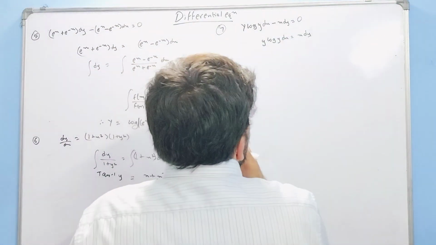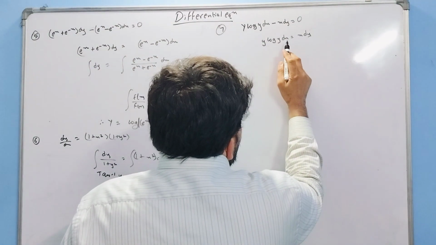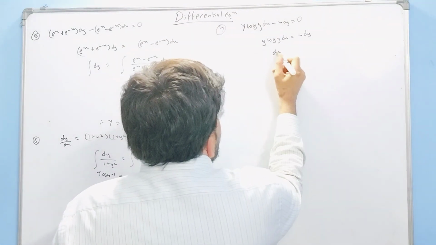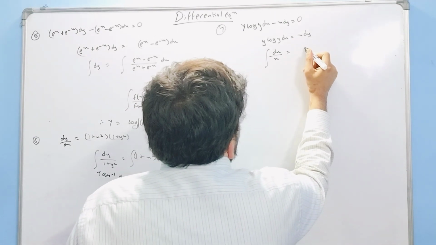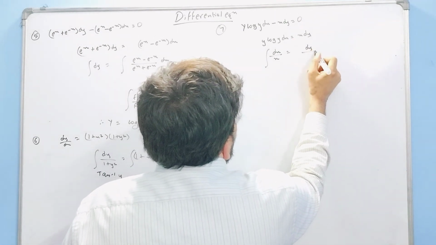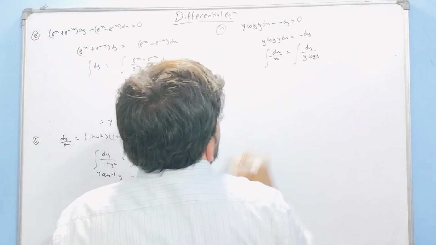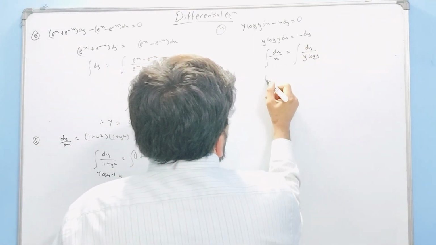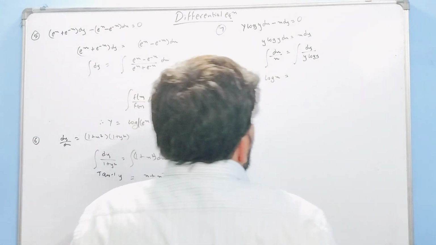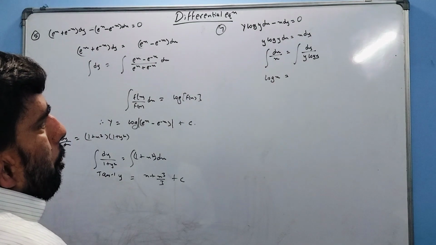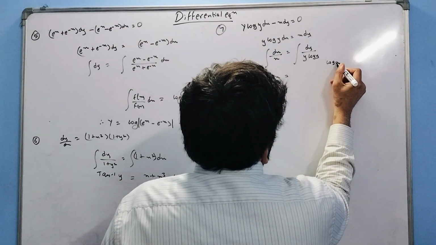In a very easy way, dx/x = dy/(y log y). The integral of 1/x is log x. Now if I put log y = t, then (1/y) dy = dt. So dt/t, and the left side is log x = the integral of 1/t.